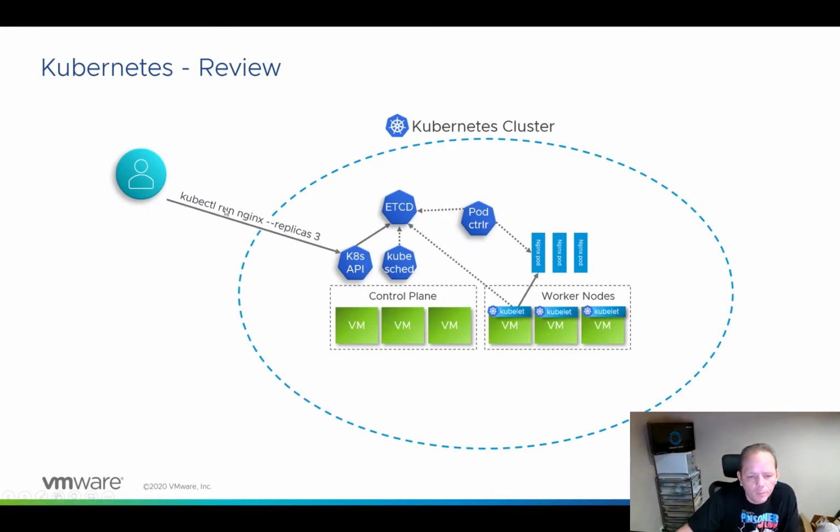And we have the requests go in, the Kubernetes API receives it, and it writes to etcd that there's a pod desired or deployment desired, right? And then kube-scheduler picks it up and sees, okay, there's some new pods that need to be deployed that haven't been scheduled yet, and tells etcd here's the nodes where these pods should be scheduled.